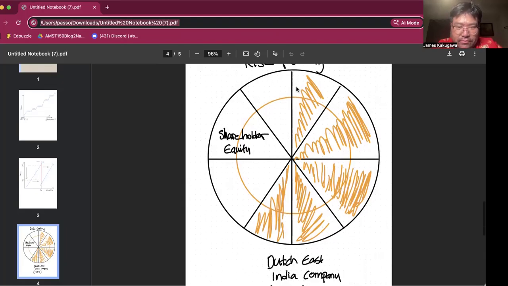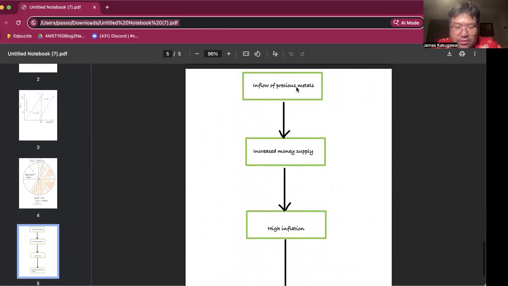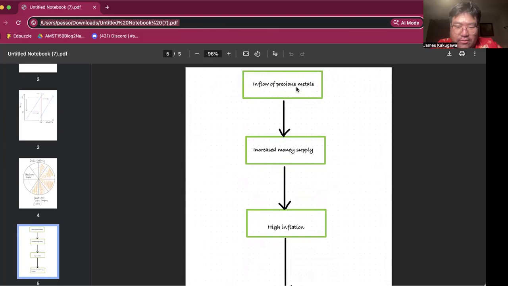Here you have a graph of the inflow of precious metals leading to an increased money supply, which leads to high inflation, which leads to domestic manufacturing collapses.